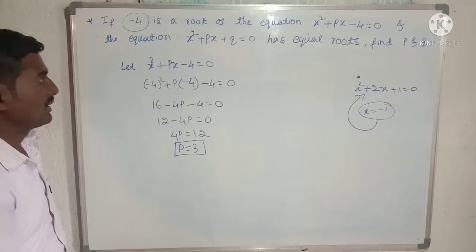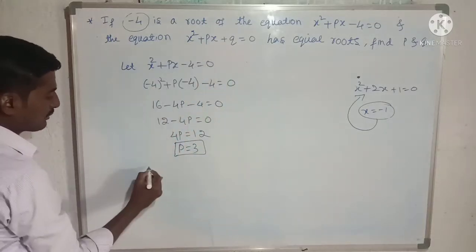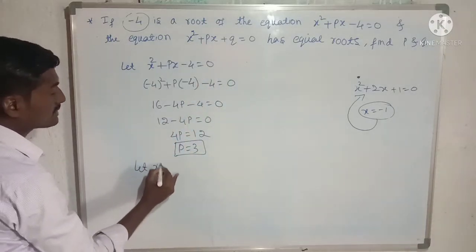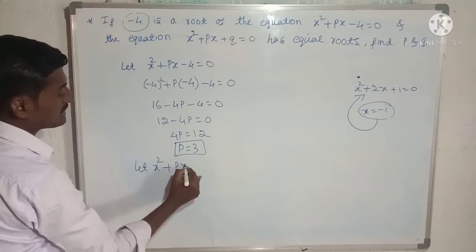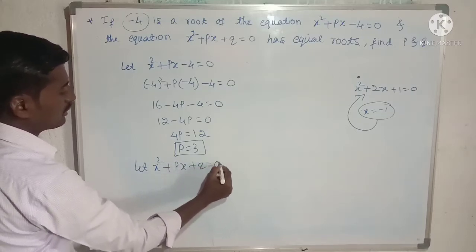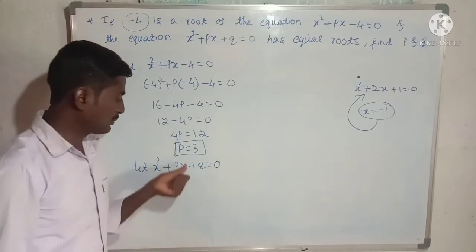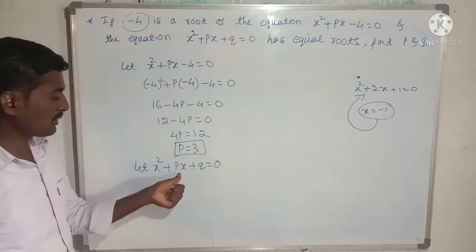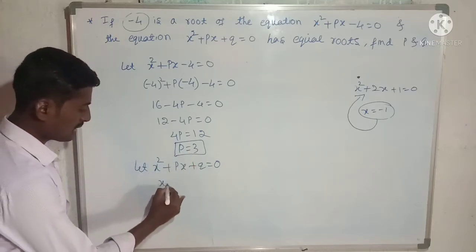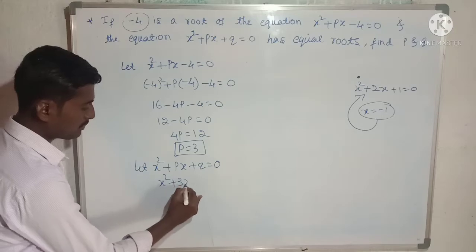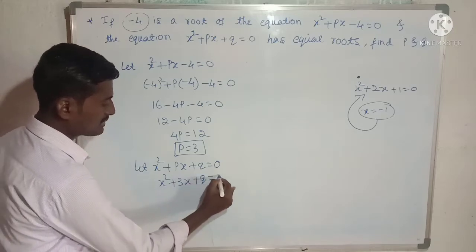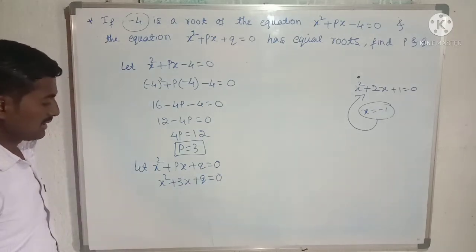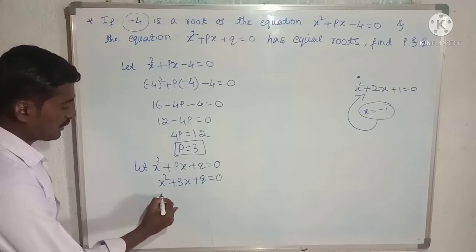Now, let us take the second equation, x square plus px plus q is equal to 0. Now we'll substitute the value of p, that is 3. x square plus 3x plus q is equal to 0. Now, so this is of the form what?